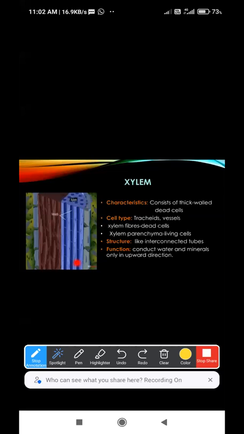And xylem parenchyma, which has storage of nutrients and food, and the sclerenchyma or the xylem fiber cells, which provide support to this vessel tissue. Main function of xylem is to conduct water and minerals in the upward direction.